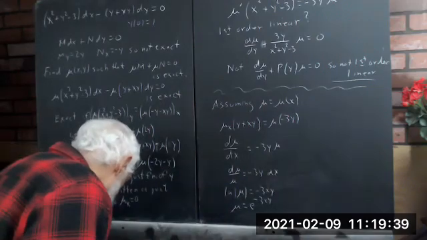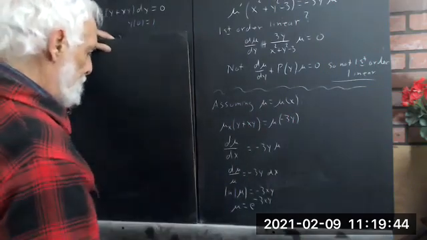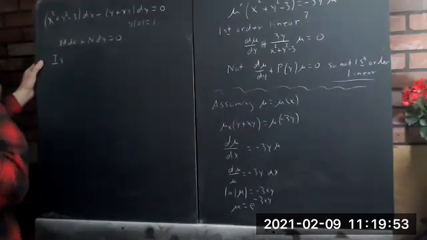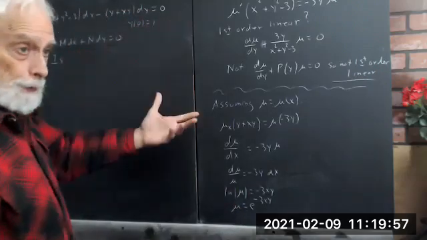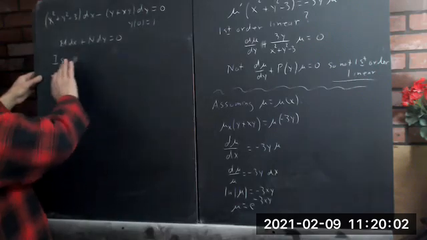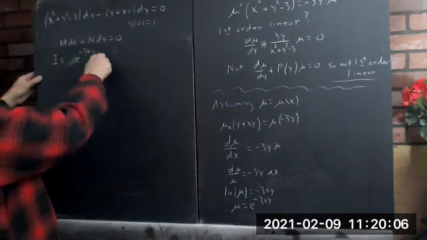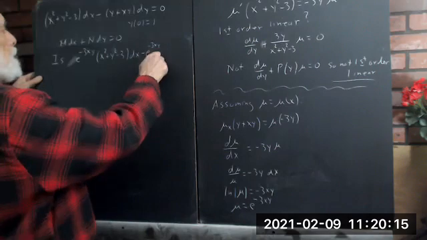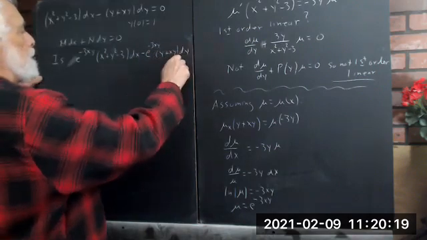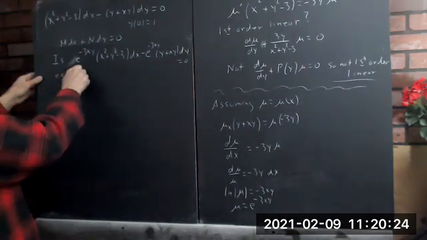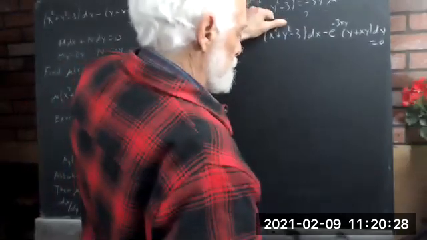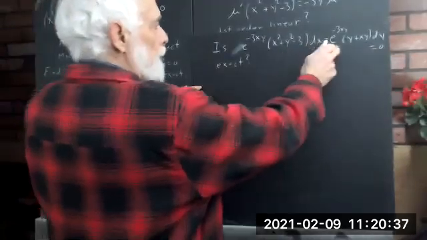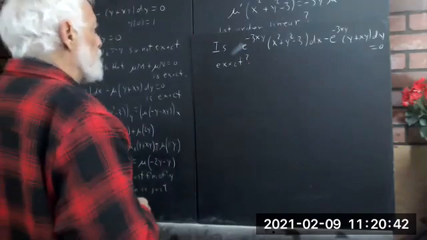Okay, well, if that's so, then we come to the question, is the equation multiplied through by mu exact? Well, you take the y derivative of this, the x derivative of this, see if they're equal. I'm skeptical, but let's see.